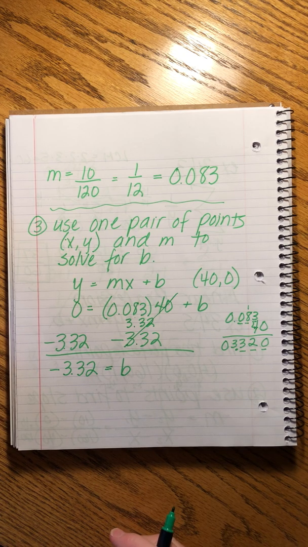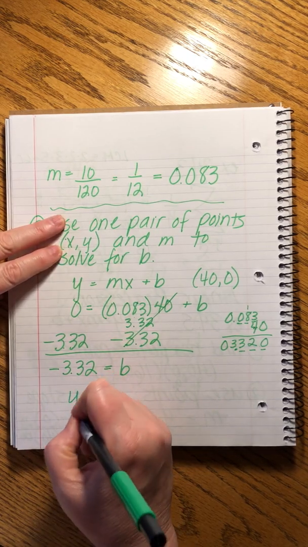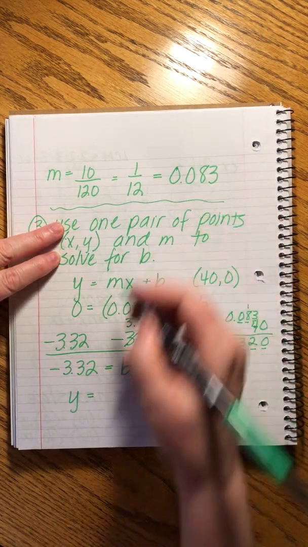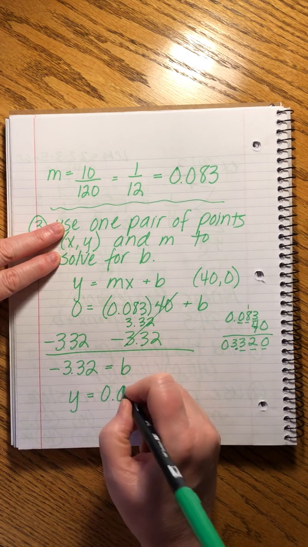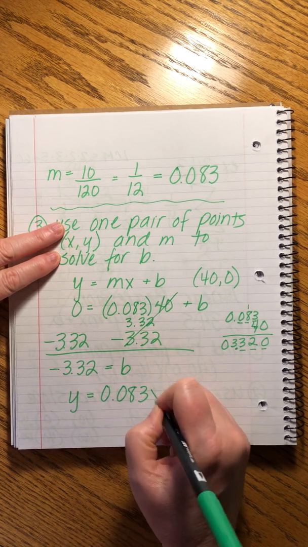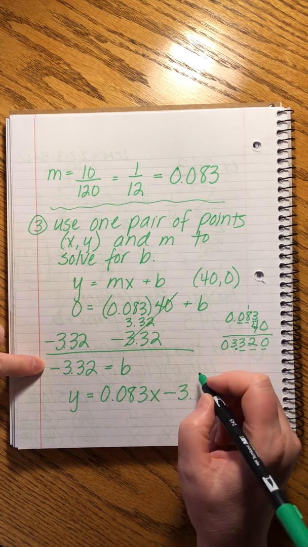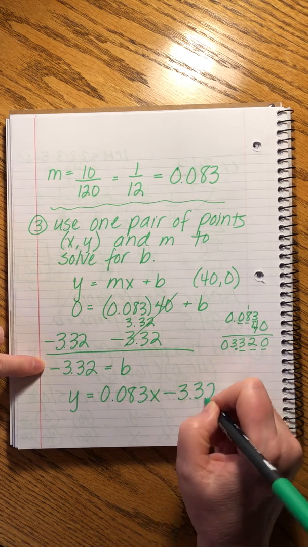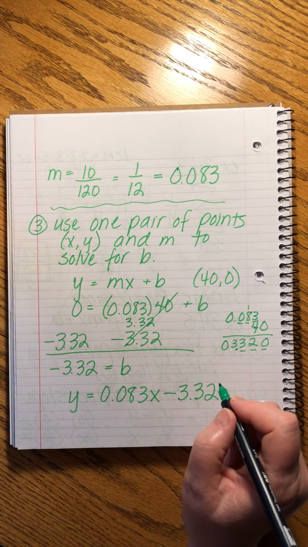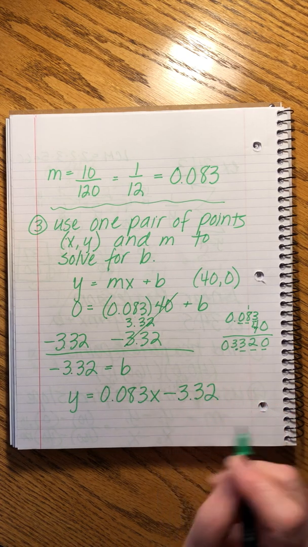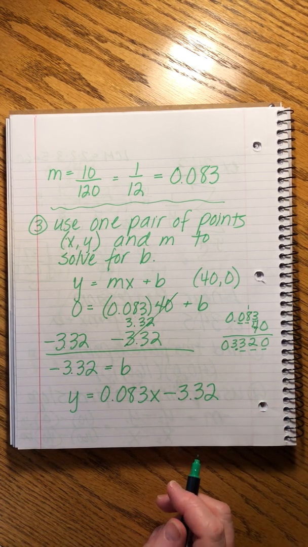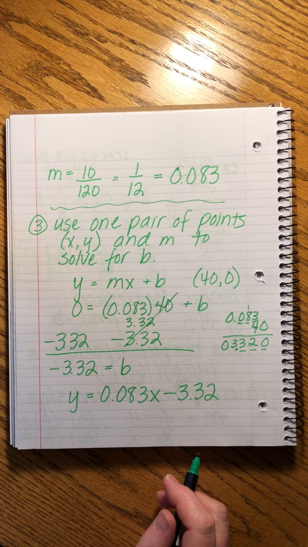So for our final answer, we will write y equals mx plus b, which is actually a minus 3.32. But then at the very last, remember, we go, oh yeah, this was about carbon and salt or something, right? So I just look at the book to make sure I've got the right letters.